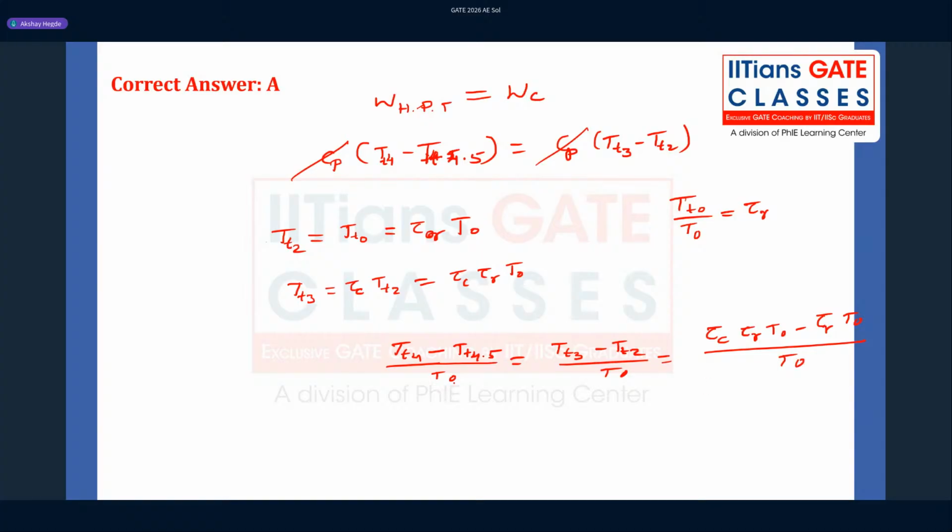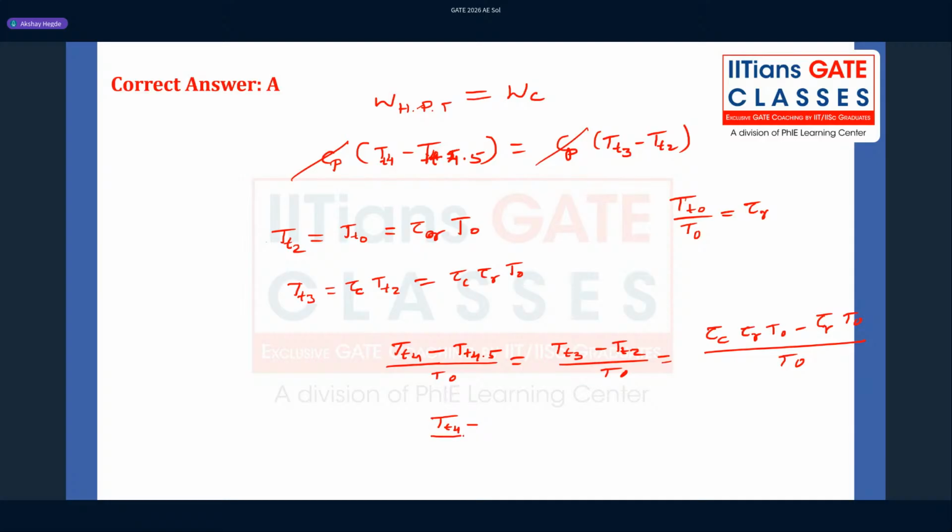Now I need Tt4.5 over Tt4, so I am keeping this part here.